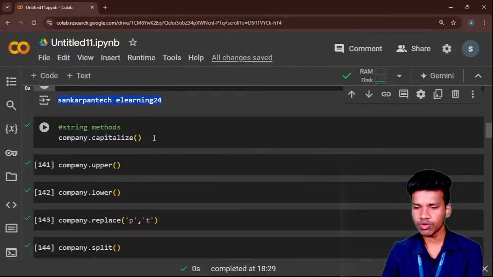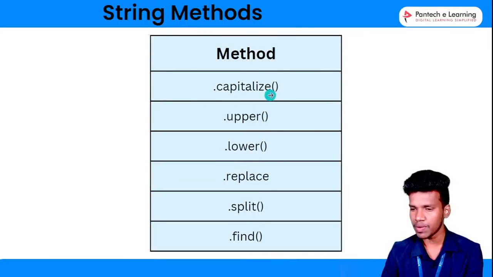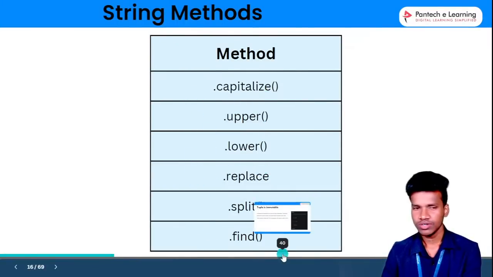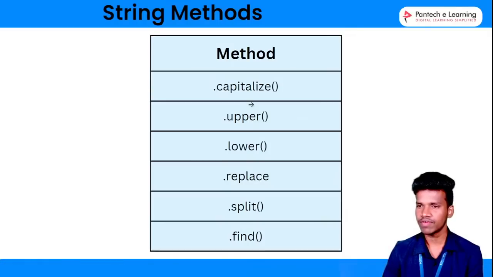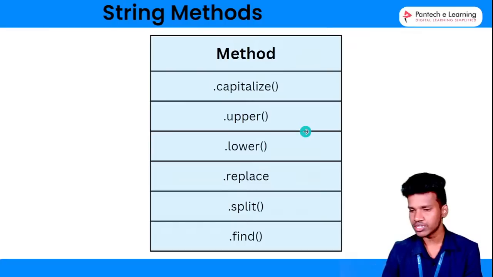Okay, so next we are moving to string methods. String methods are totally six types: capitalize, upper, lower, replace, split, and find. What is the exact work of these methods? Capitalize is used for converting the first letter into capital format, and upper converts all characters into uppercase. Lower converts all characters into lowercase.